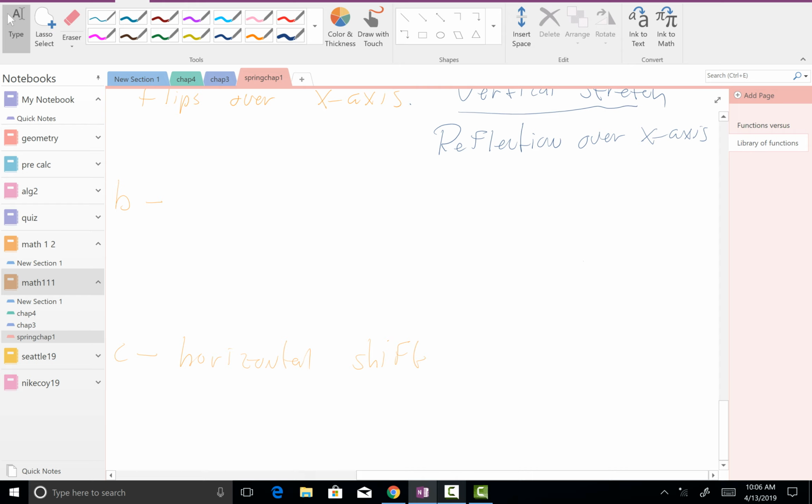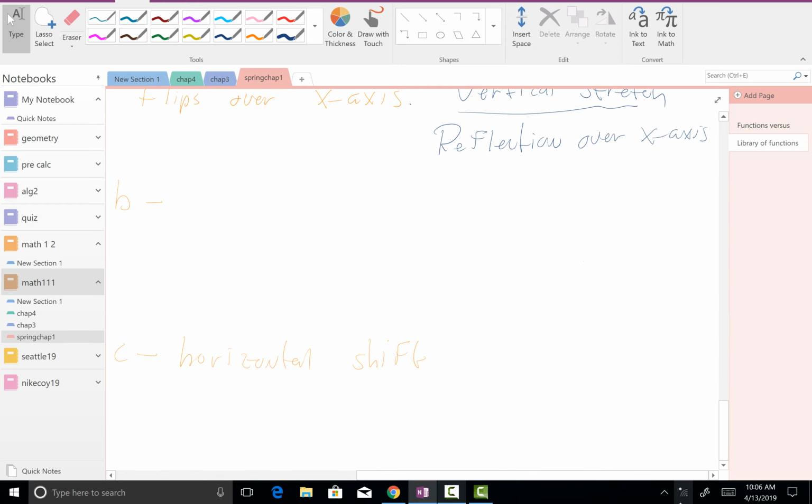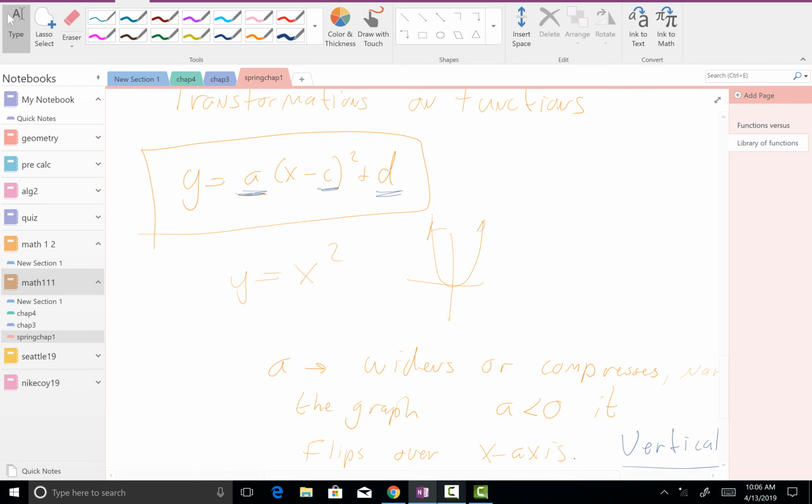How many units does it shift? Let me clarify the question. If C is 5, how many units does it shift, and which way? 5 units to the right? Okay. C is the value with x, right?